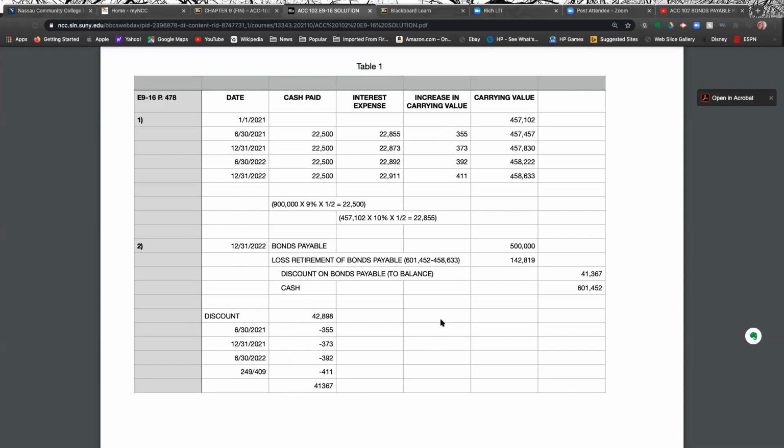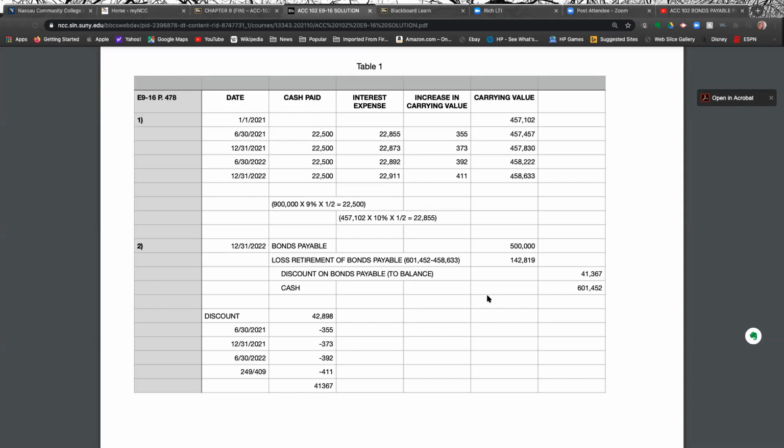So that's where that 41,367 comes from, right? And it's a credit because it goes away. Discount has a debit balance, so when I want to reduce it, I credit it. So this 41,367 credit will make it go away.